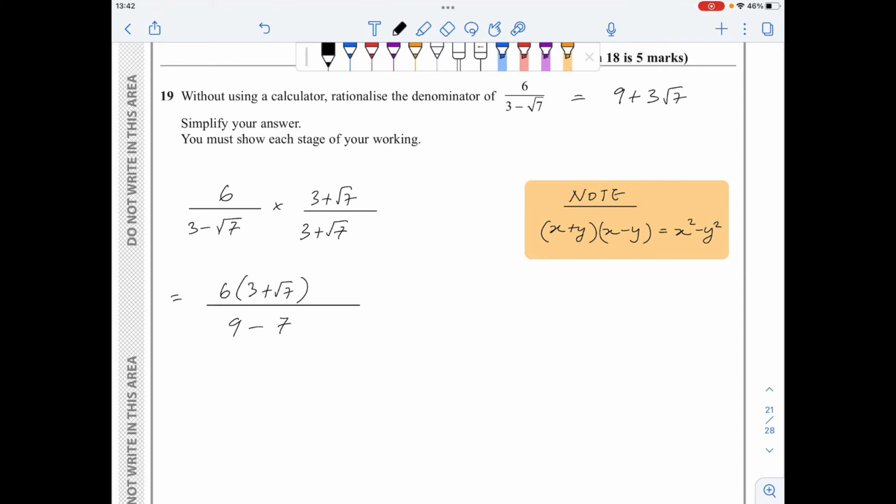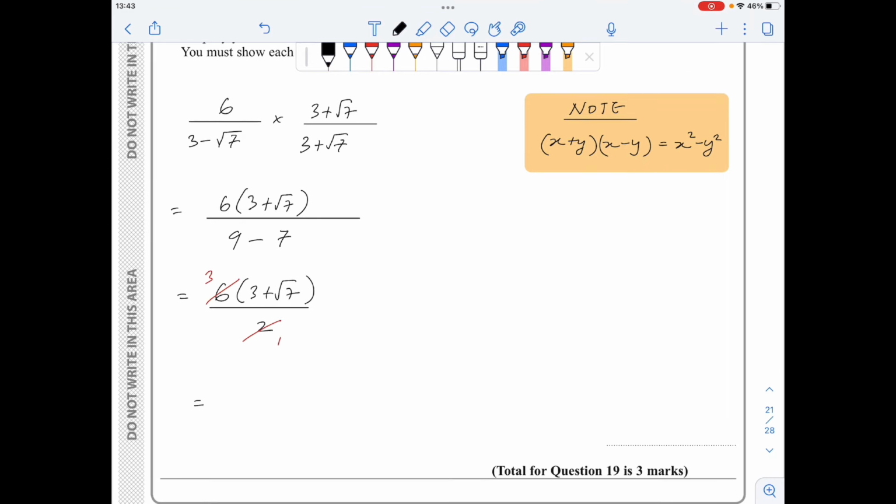I will not expand just in case something simplifies. So 6 times 3 plus square root of 7 over 2. Here is my simplification. So now I can expand and get 9 plus 3 square root of 7, which we know is the correct answer.